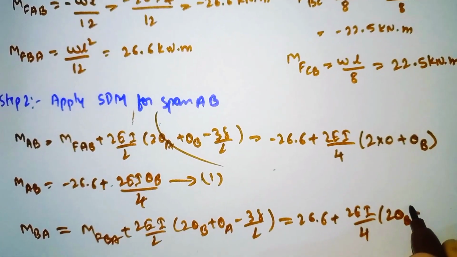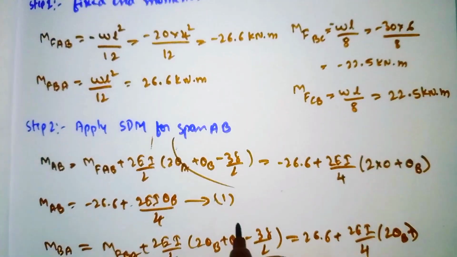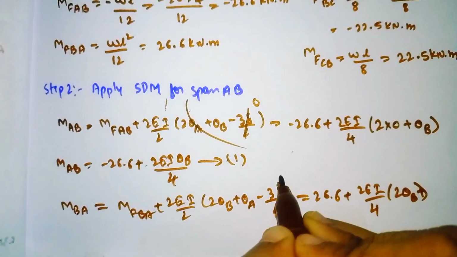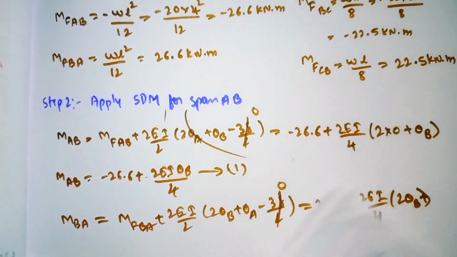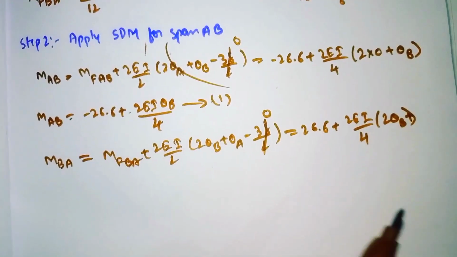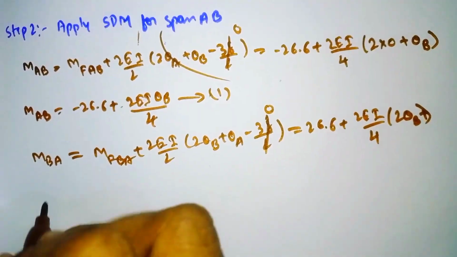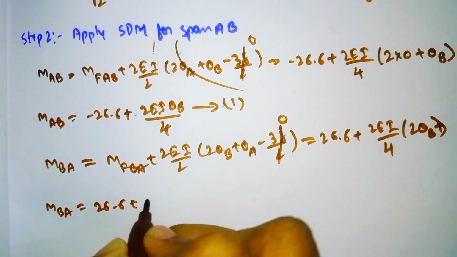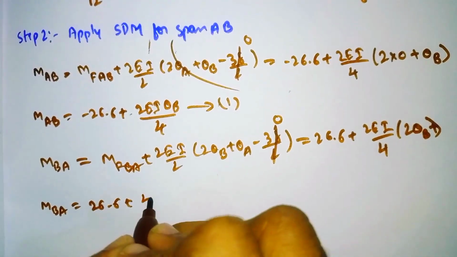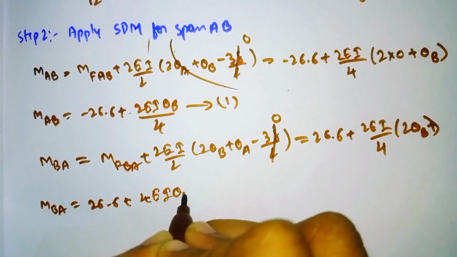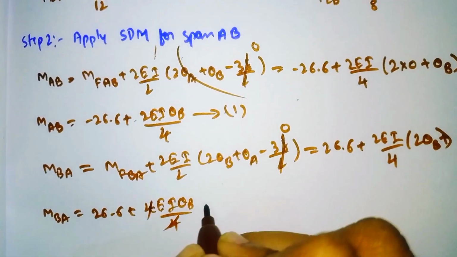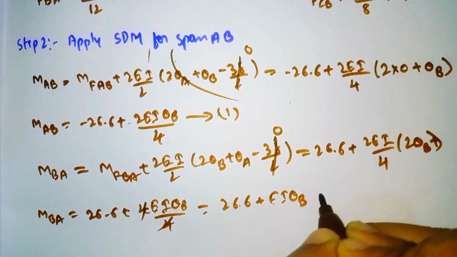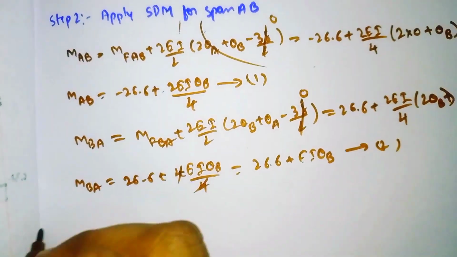Plus theta A, which is the fixed end, so it is 0. The sinking value is not given, so it becomes 0 here. Simplifying, our MBA will come out as 26.6 plus 2 into 2 EI theta B divided by 4; the 4 will get cancelled, giving 26.6 plus EI theta B. Call it equation number 2.